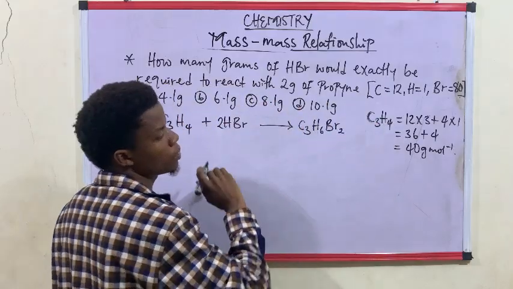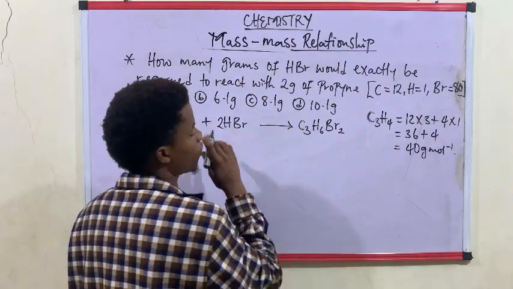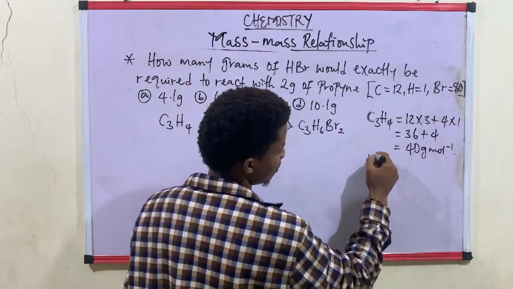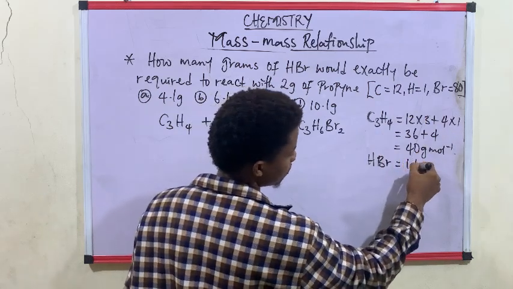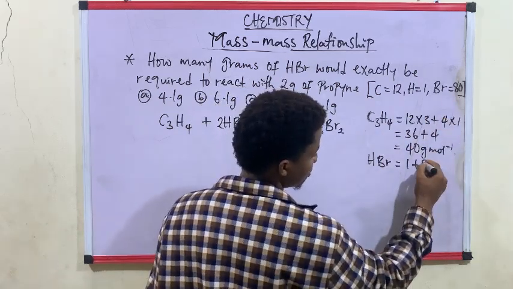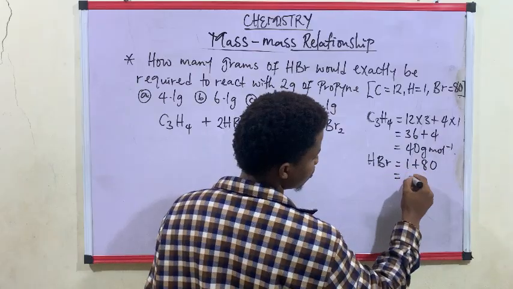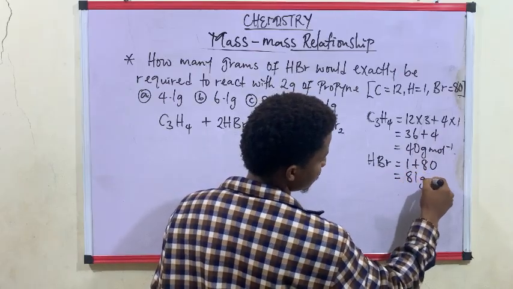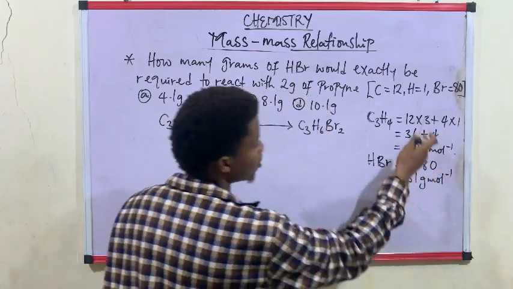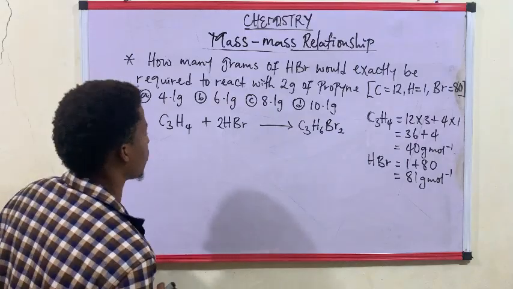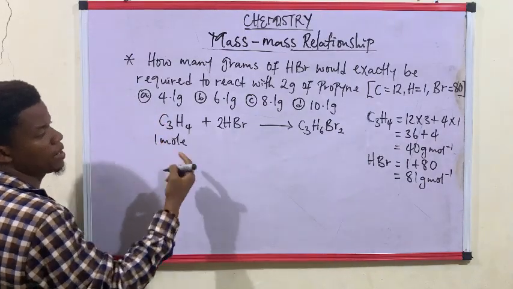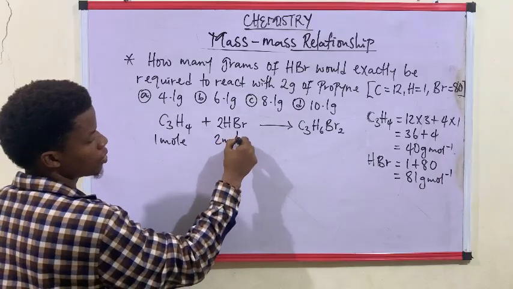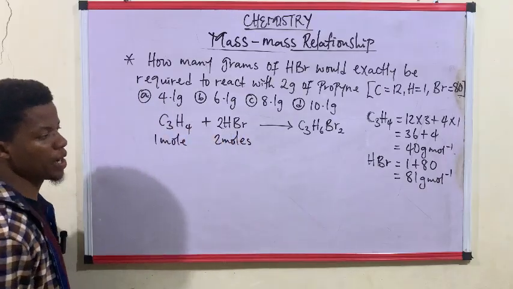of propane. Then for HBr, H is 1, so 1 plus Br is 80, 1 plus 80. So that gives us 81 gram per mole. So these are just the molecular masses of them. But now, this is 1 mole of propane, 2 moles of HBr.